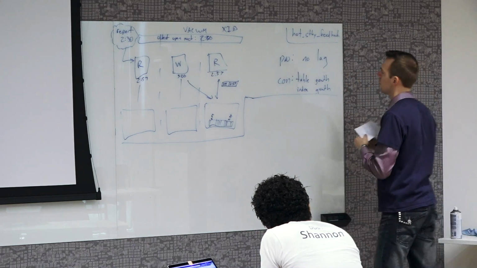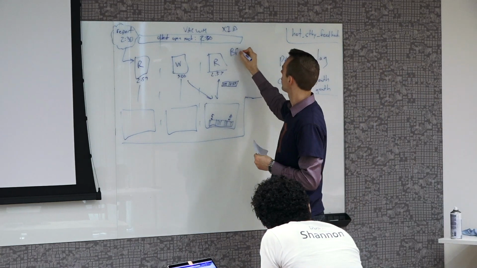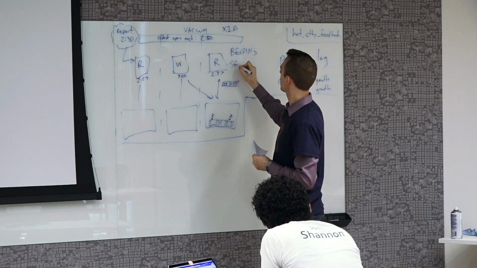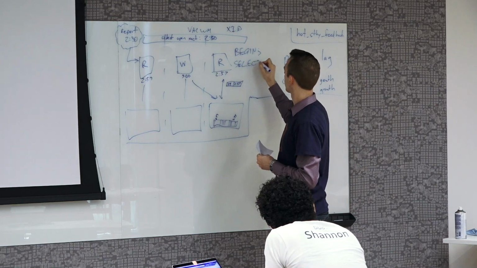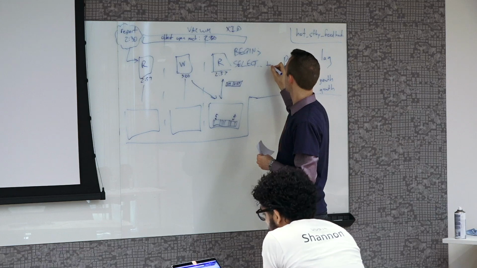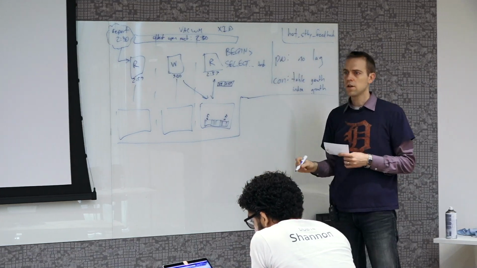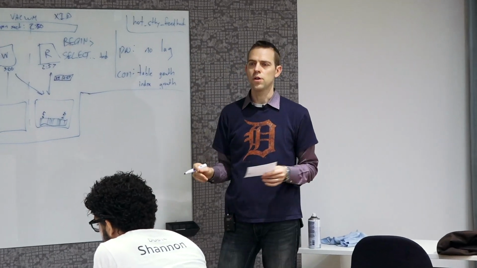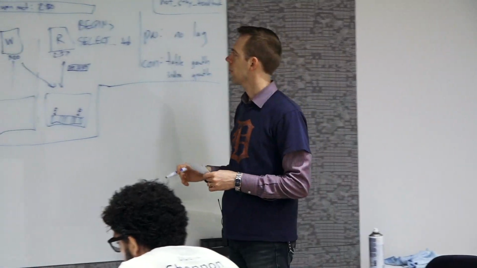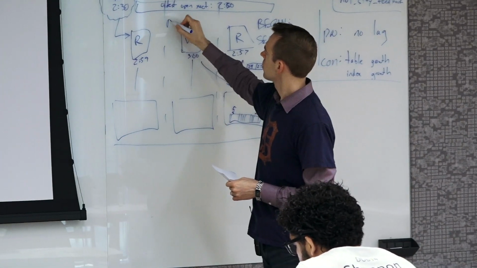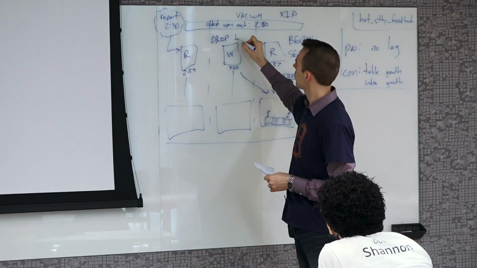And this guy opens a transaction, begin, and then he does a select from test, and then he goes to lunch, right? And he forgets to close his window because he was working really hard. Now what happens? Now on the writer, drop test.